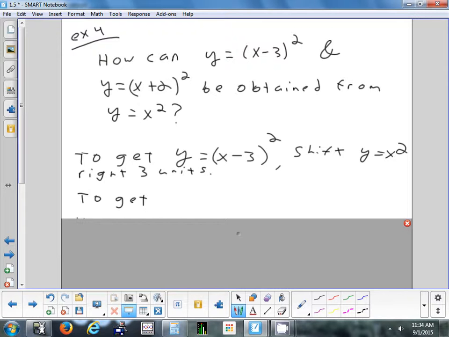To get y equals (x plus 2) squared, take your basic function and shift it left 2.